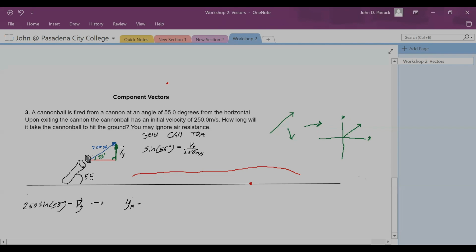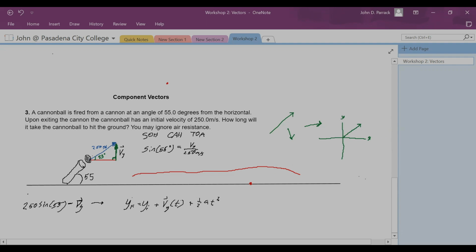Y final is equal to y initial plus velocity initial in the y direction. So that's Vy, right? Vy times t. Plus 1/2 a t squared.